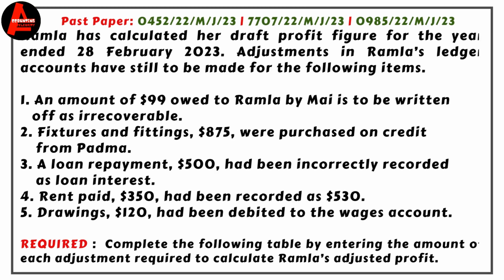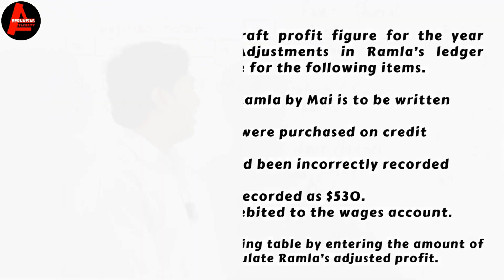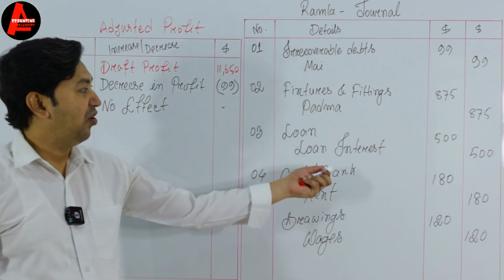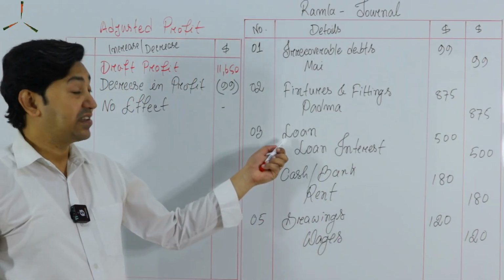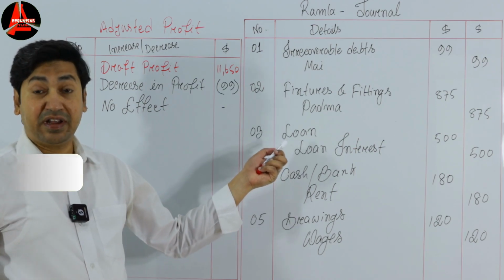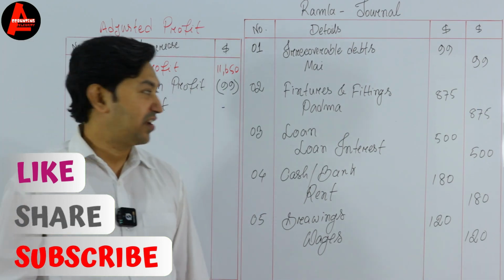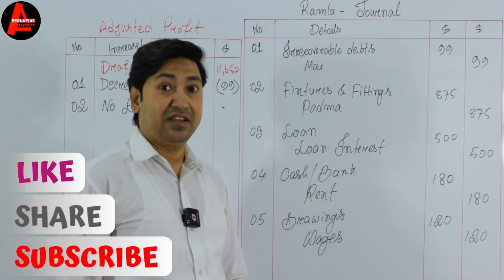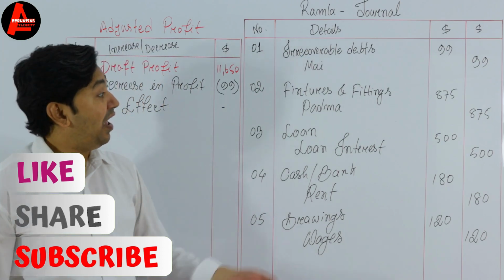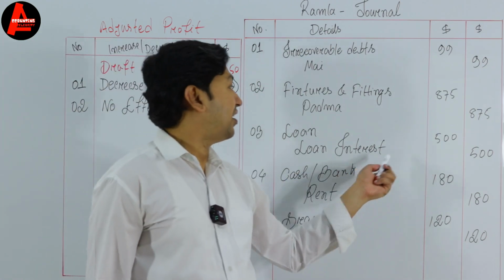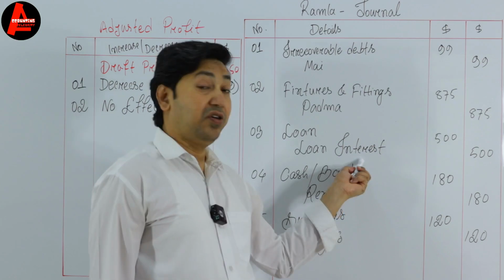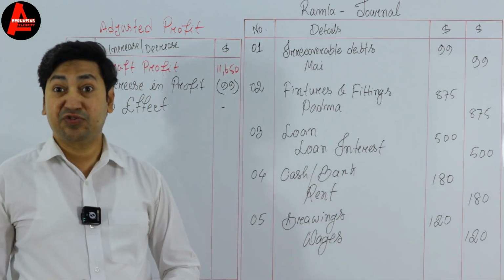Then number 3: a loan repayment of $500 had been incorrectly recorded as loan interest. So we wrote loan debited and loan interest credited. Loan is a liability, so liability debited means liability decreased. When a liability increases it will be credited. Here it is debited, that means liability decreased. And loan interest $500 is credited, so it is an expense credited.